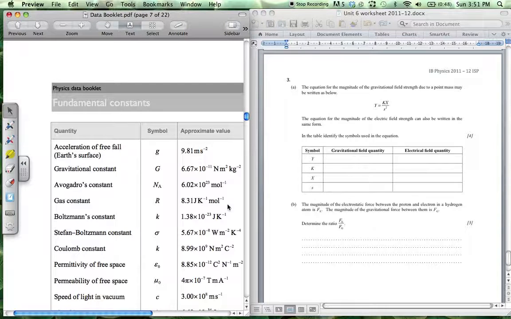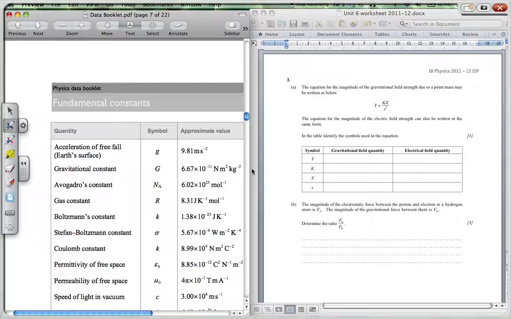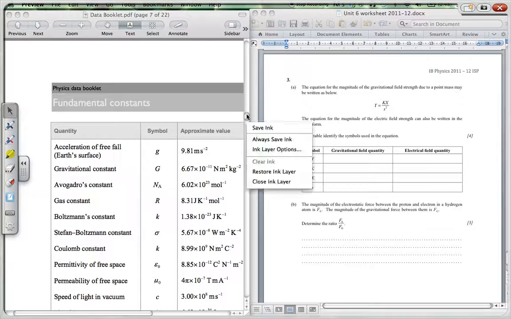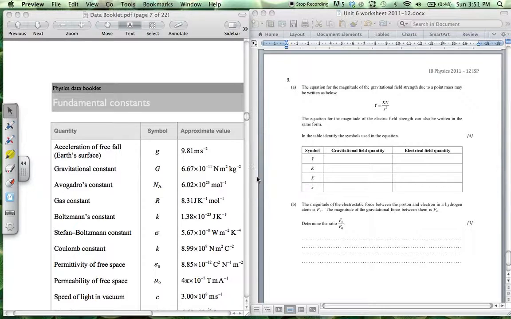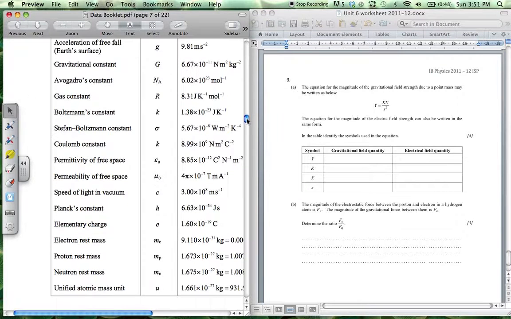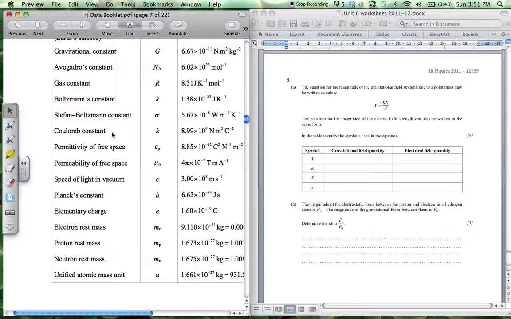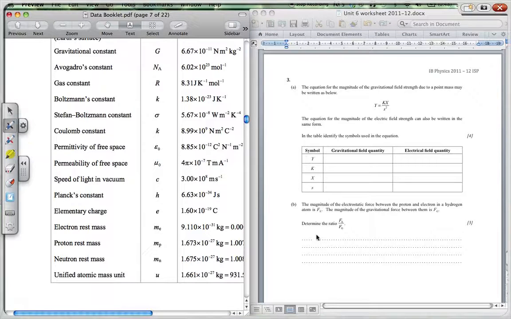Here they are. So for this, let me just move this up here, so I can see them all. So I'm going to have Fe is going to equal k, and k is equal to, it's this one over here, your Coulomb constant.